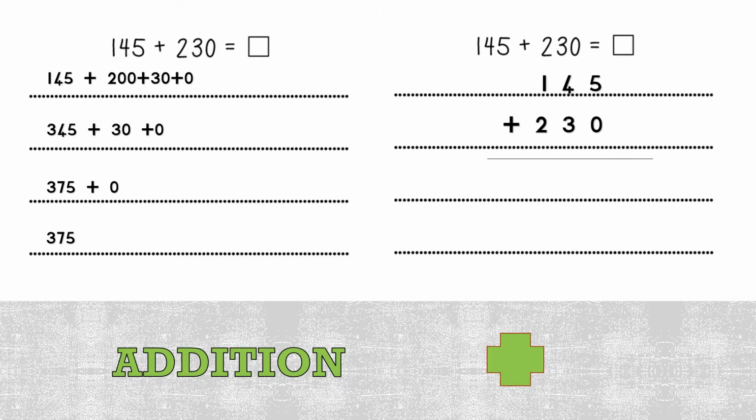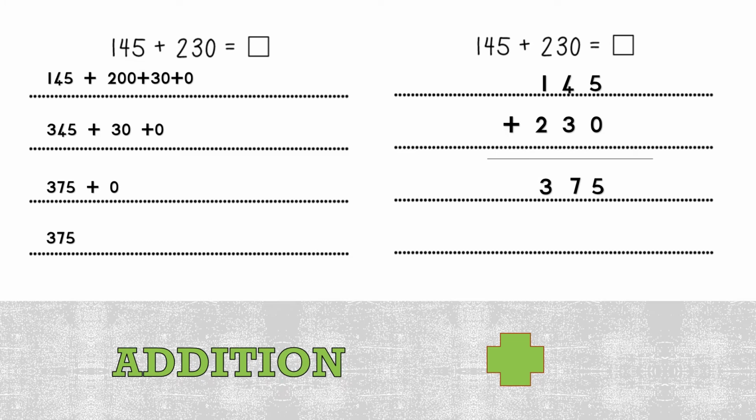We say 5 plus 0 gives us 5. Good. The next one we must plus our tens together. That says 4 plus 3 and that equals 7. And the last one we plus our hundreds together and that is 1 plus 2 equals 3.